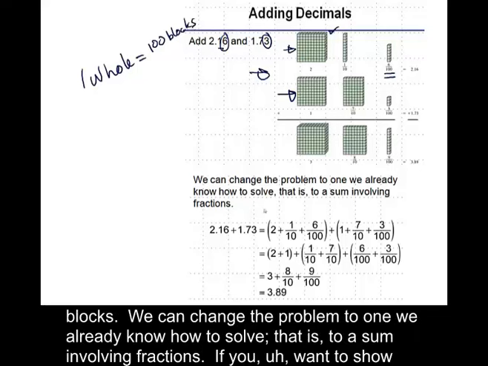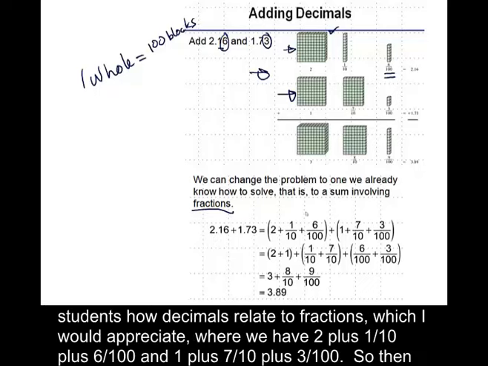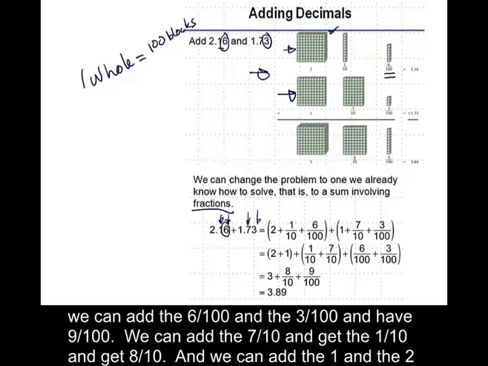We can change the problem to one we already know how to solve, that is to a sum involving fractions, if you want to show students how decimals relate to fractions, which I would appreciate, where we have 2 plus 1/10 plus 6/100 and 1 plus 7/10 plus 3/100. So then we can add the 6/100 and the 3/100 and have 9/100.